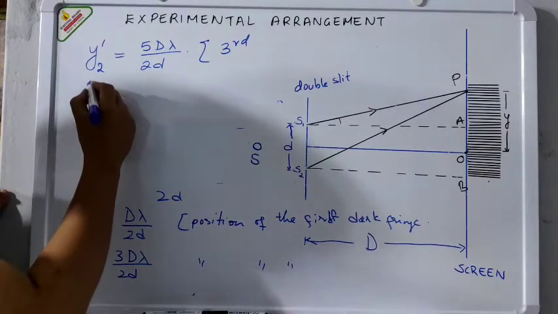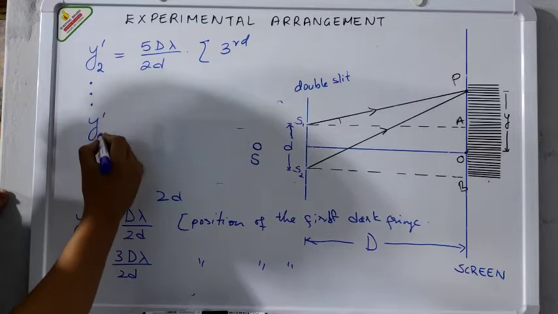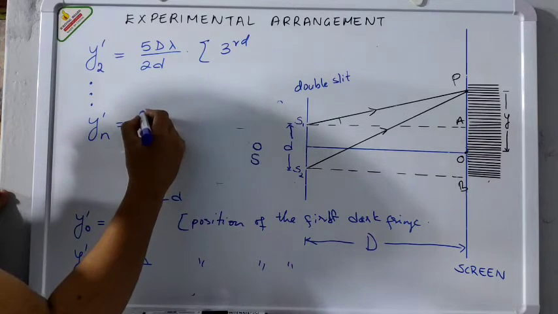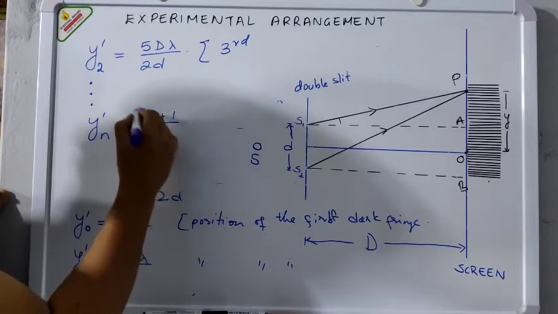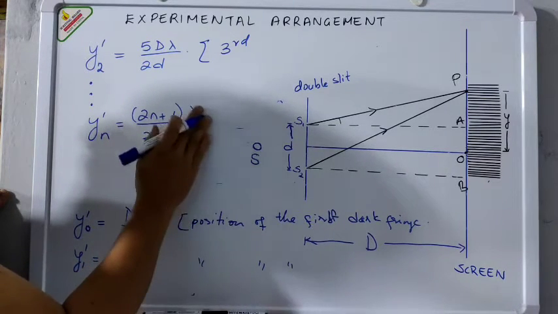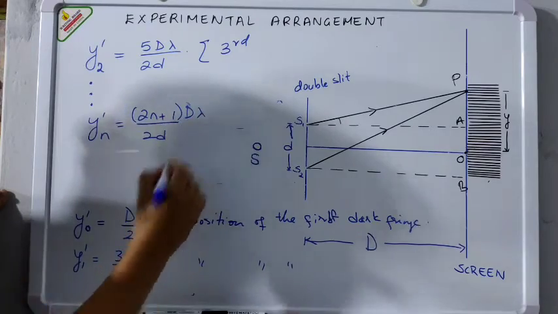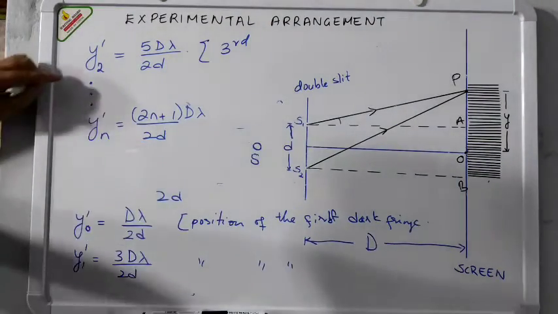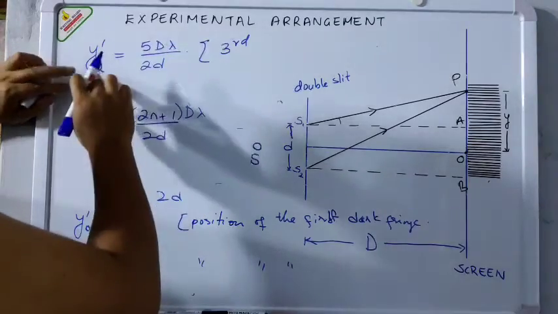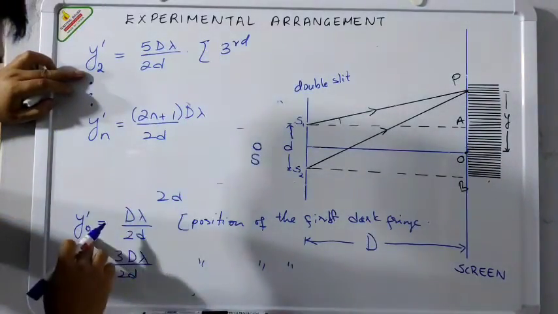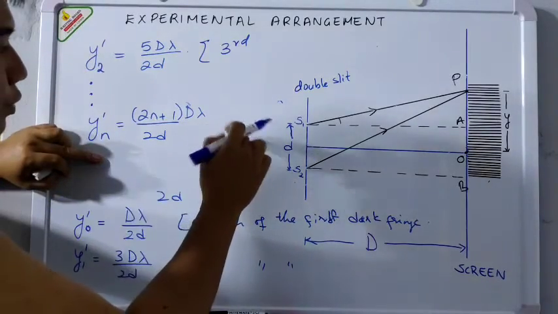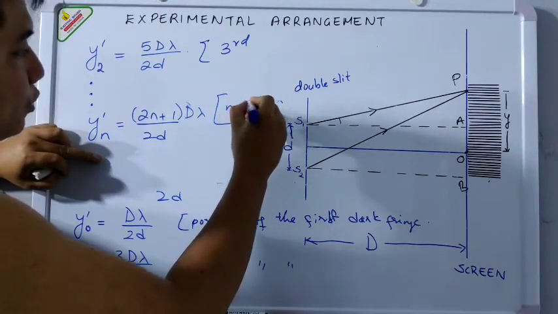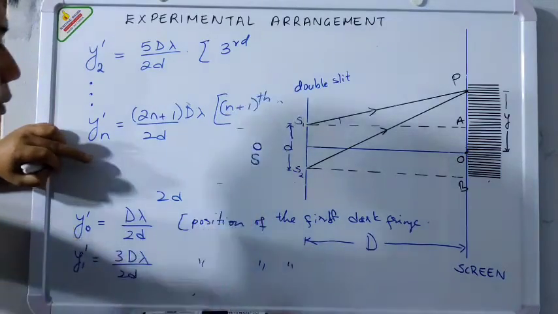And if we put n equals n, y dash n will be (2n plus 1) D lambda by 2d. Here y dash 2 is for the third dark fringe, y dash 0 is for the first, y dash 1 is for the second, and y dash n will be for the n plus 1th dark fringe.